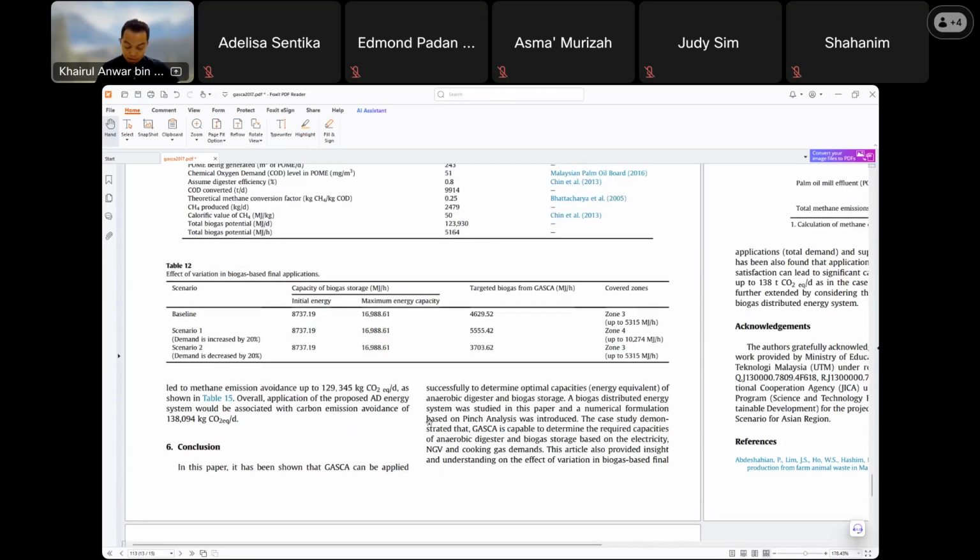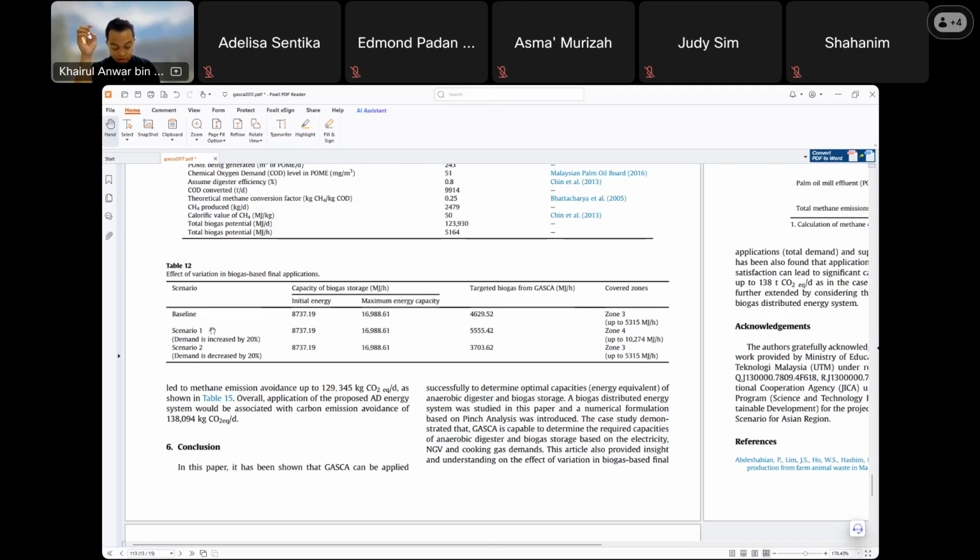In the first scenario, when the demand profile increased by 20% from the baseline, the targeted gas would increase from 4,629 to 5,552. So 4,629 is the net gas generation based on the gas card analysis. So increasing the demand by 20% would increase the net gas generation up to 5,552.